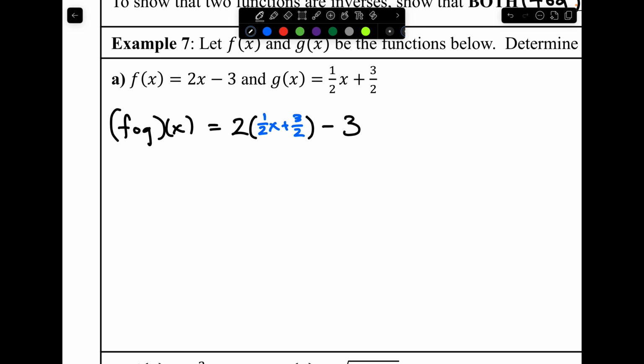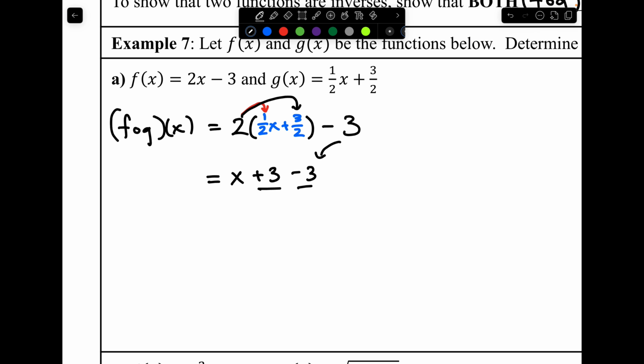So to simplify this, let's see what it simplifies to. This will require first distribution. Multiplying 1/2 with 2 gives 1x, so I'll just write an x. Distributing the 2 into the 3 over 2 gives us 3. So we can get rid of the parentheses and bring down this 3 at the end.